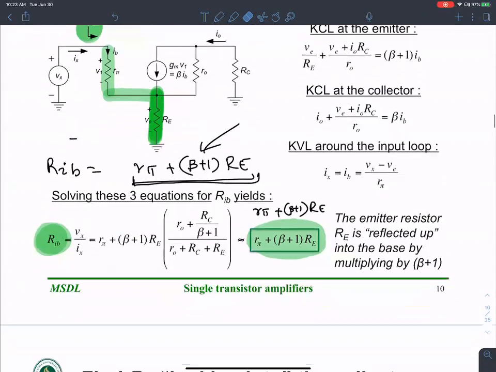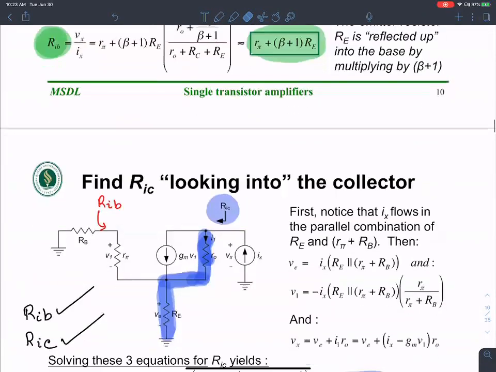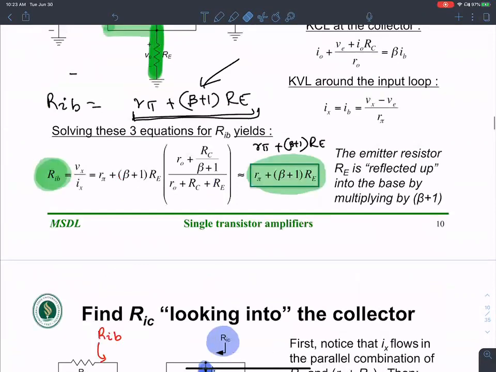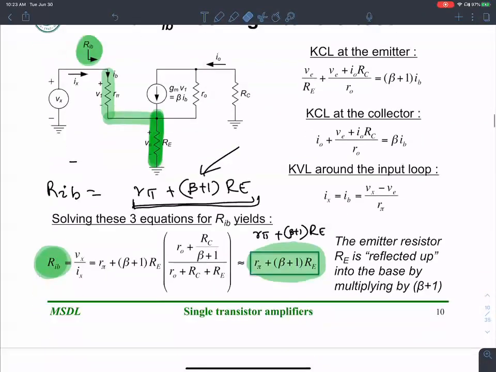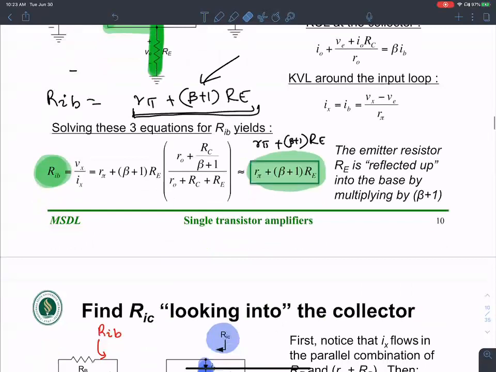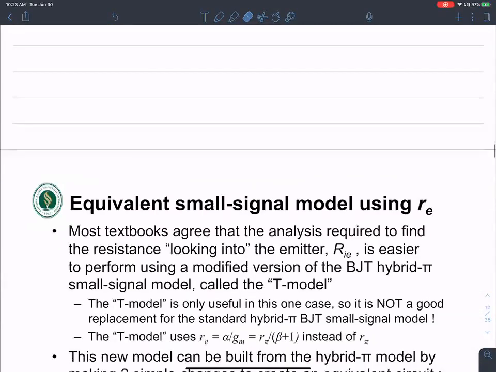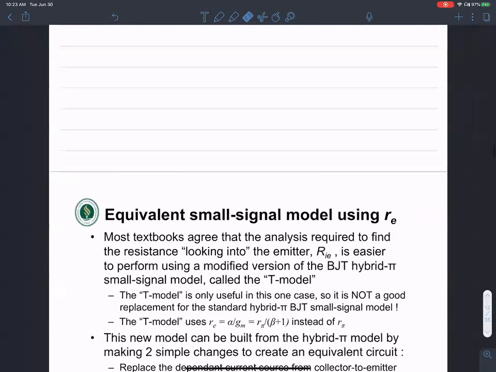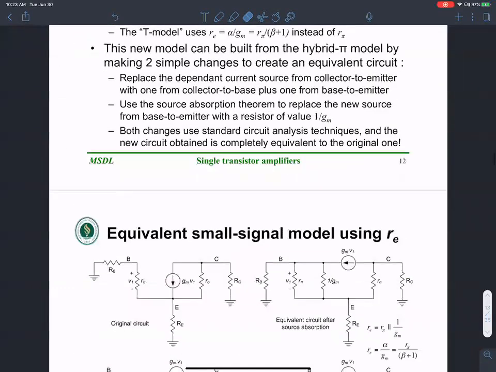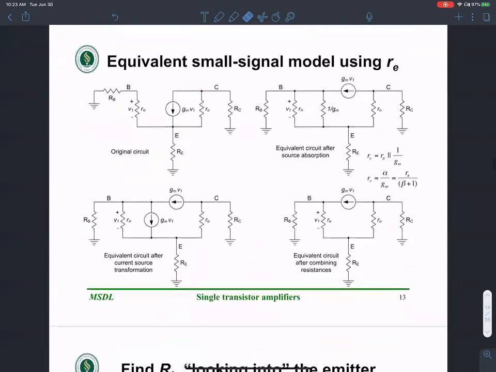So that's looking into the collector shown in blue, looking into the base shown in green. Calculating the resistance looking into the emitter is a bit more interesting problem, where we have to use not the hybrid pi model, but a T model.